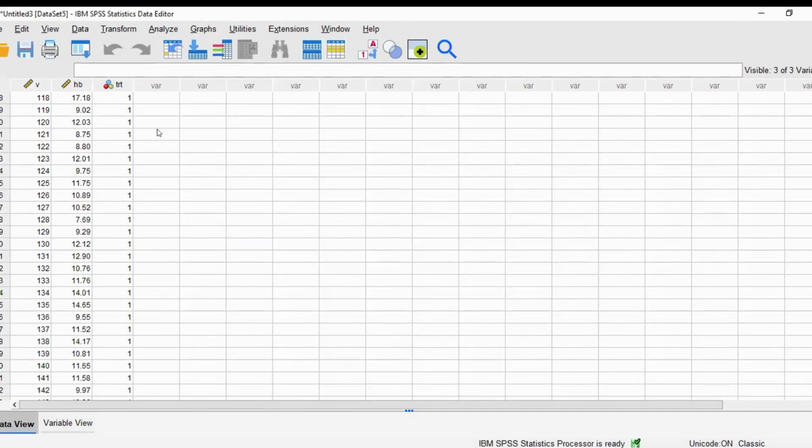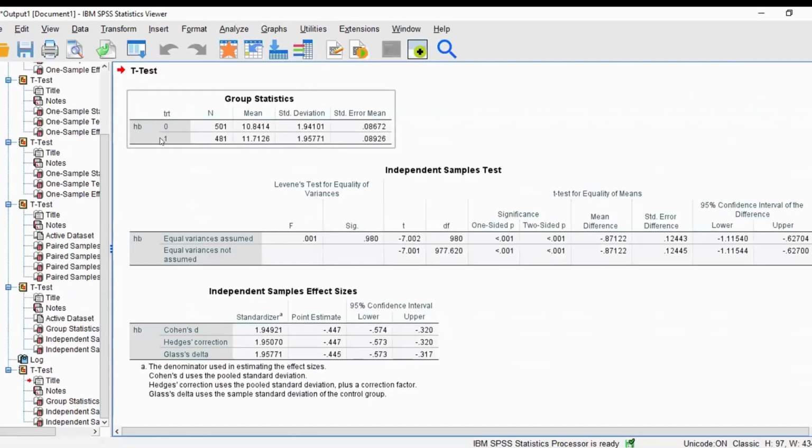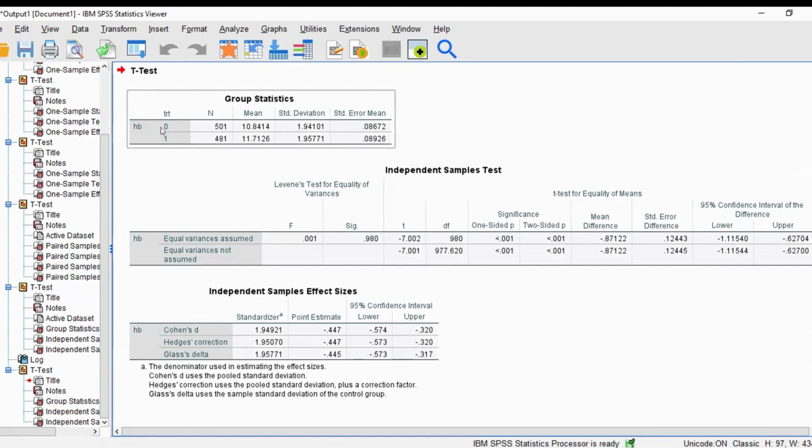Okay, so here we have the placebo group. Here is the treatment group. So the reason why you are having negative signs is because those that were treated with iron ended up having a higher amount of hemoglobin at the end of the pregnancy.